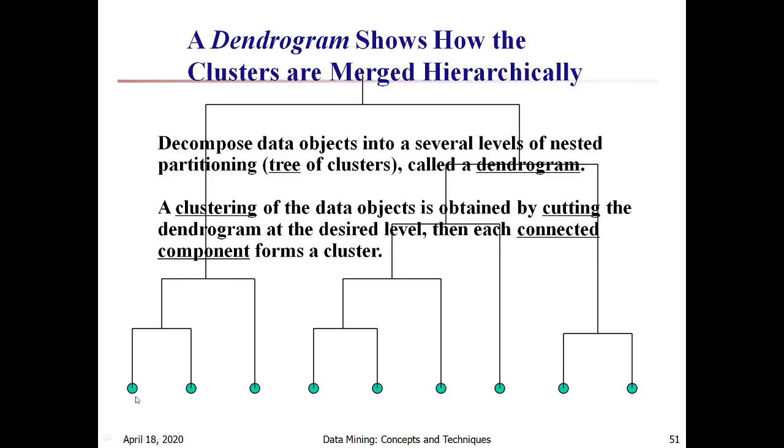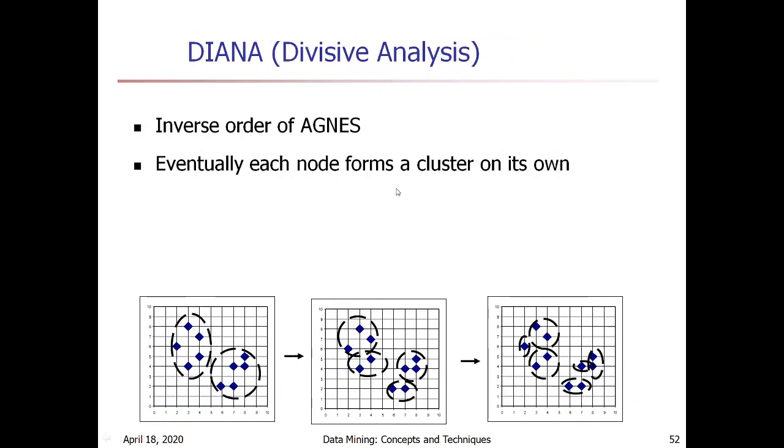So here, suppose you have A and B as objects, AB can be merged into one cluster, which can again be merged with some other cluster C, and EF can be merged into some other clusters, and finally into the final cluster.